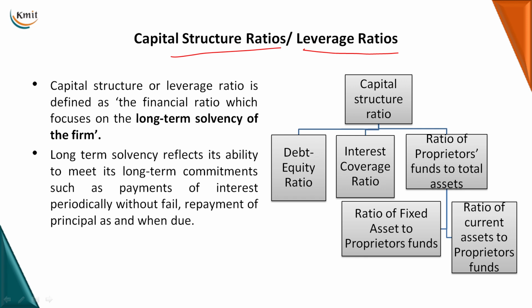A company's capital structure is important because it indicates how financially stable and healthy the company is. It also shows how well the company is using its funds, that is both equity and debt, to finance its operations and how flexible it is financially.